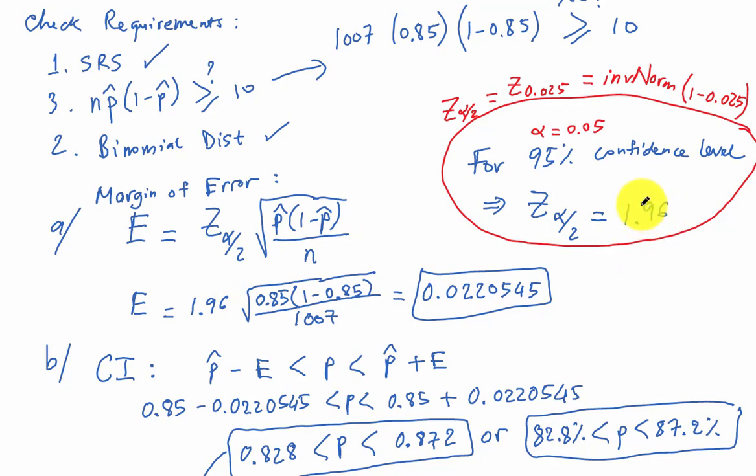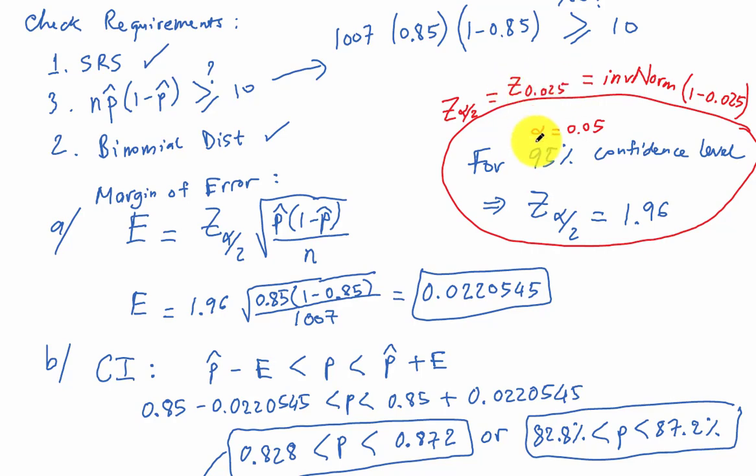Just a quick review: for 95% confidence level, alpha is 5% or 0.05, and alpha over 2 is 0.025. That's why when we find z alpha over 2, we are looking for z of 0.025.